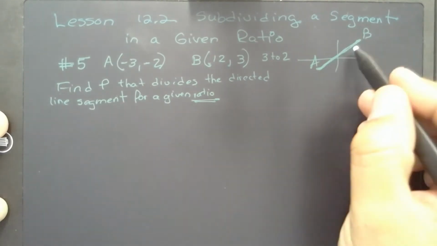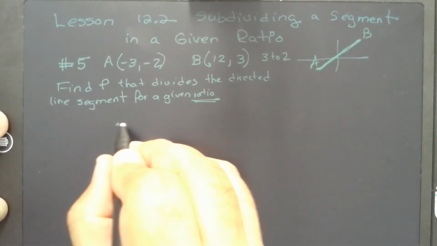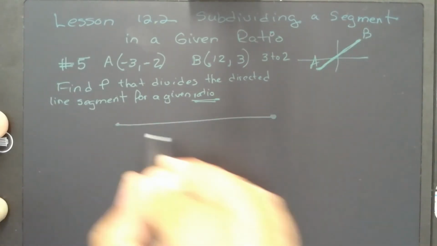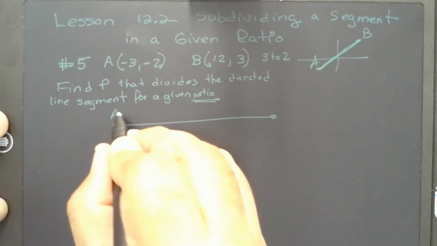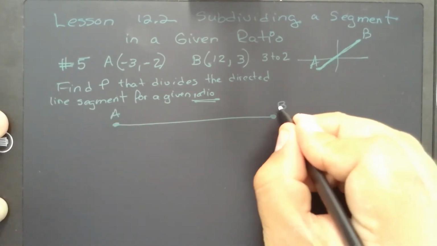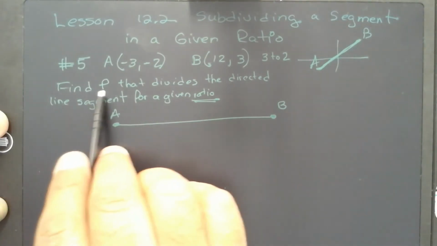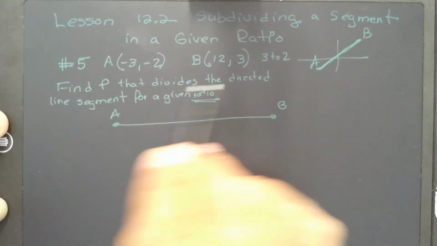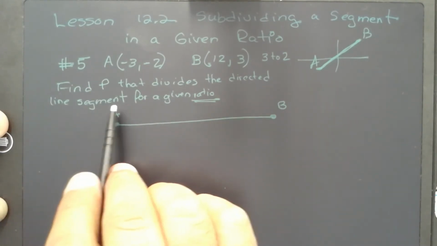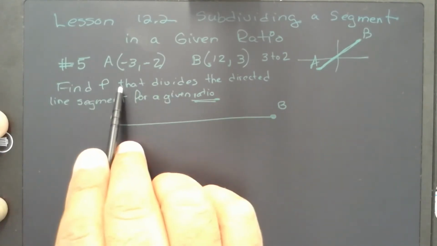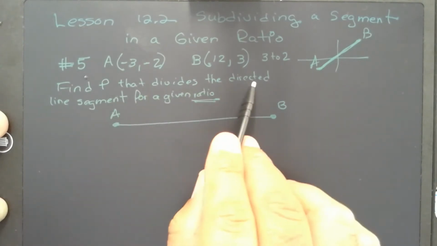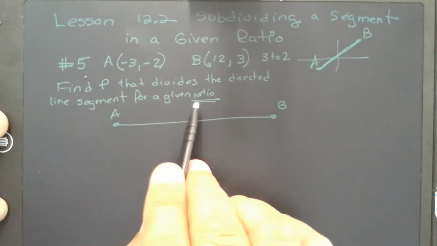I'm going to take this segment and draw it out right here. So we're going to pretend this is point A and this is point B. Find P that divides the directed line segment for a given ratio.